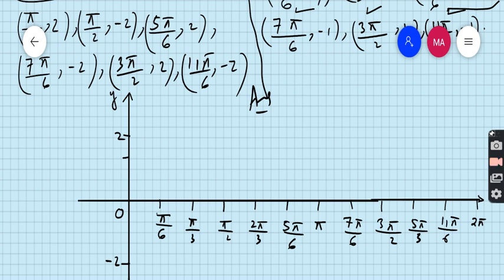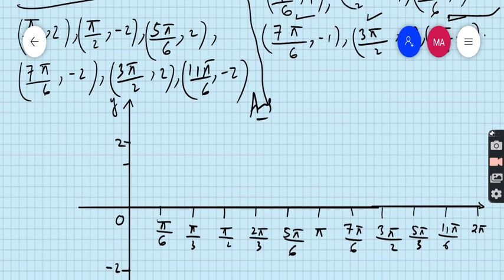The first value is pi by 6 comma 2. I am plotting these values with a double asterisk. Pi by 6 comma 2, this is the first value. Then pi by 2 is minus 2, this is the second value.